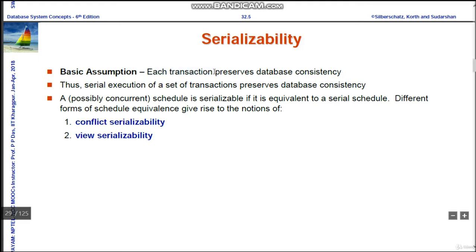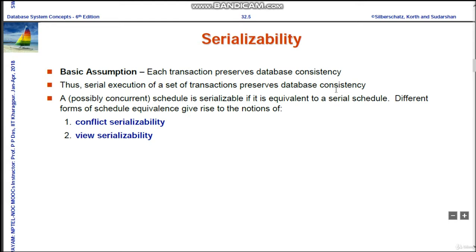So if our particular transaction follows the four ACID properties, atomicity, consistency, isolation, durability, all four properties, they must preserve our database to be consistent. So our main goal is consistency. Okay. Thus, serial execution of a set of transactions preserves database consistency.